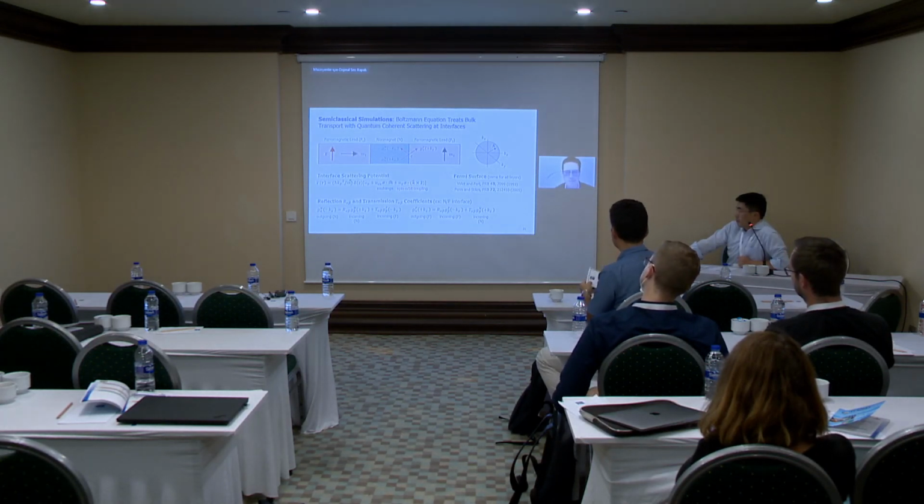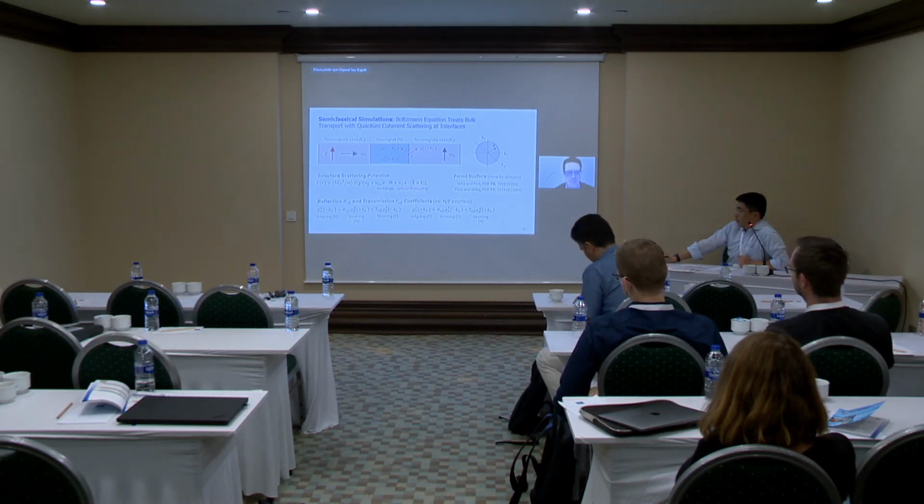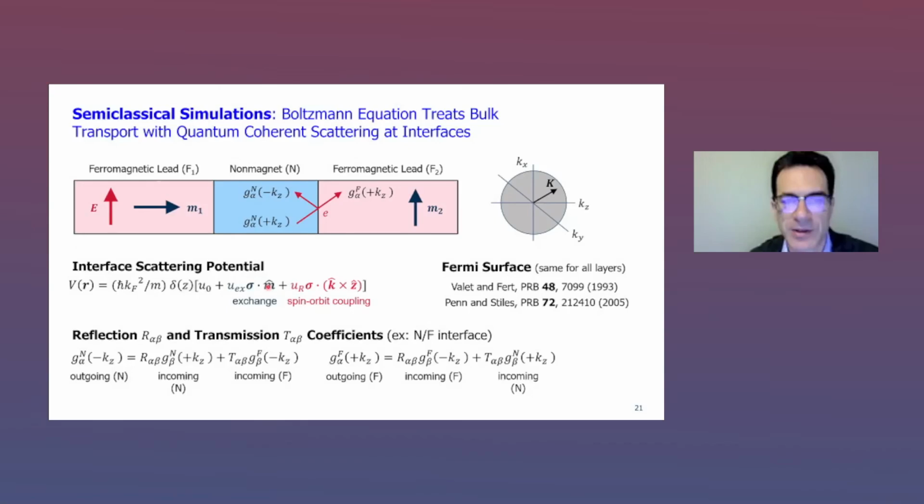So this is a delta function as a function of z, and there's an exchange and spin orbit coupling. So if you tune these parameters, those boundary conditions will change. So this is going to be material specific parameters.